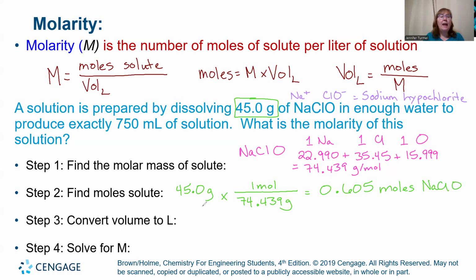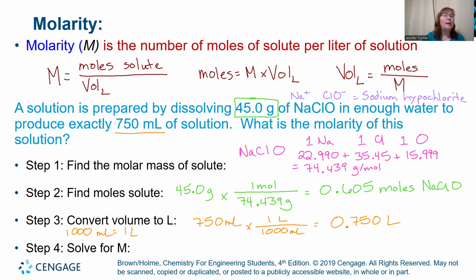Now, our next step is that we need to convert our volume to liters. Remember that there are 1,000 milliliters in 1 liter. So we take our 750 milliliters and divide by 1,000, which gets us 0.750 liters.